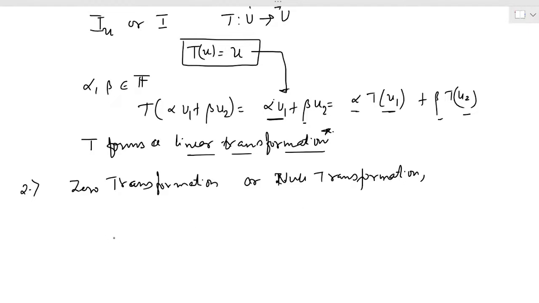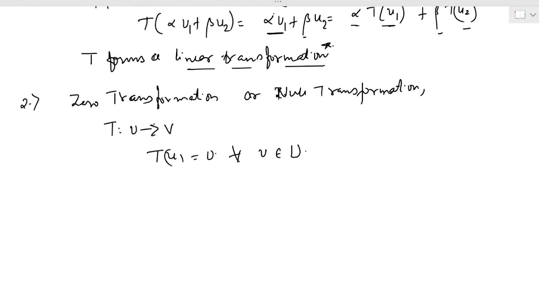Let us say that T is defined from U to V, and such that T of u is simply 0 for all u belongs to U. So this is what is known as your null transformation.